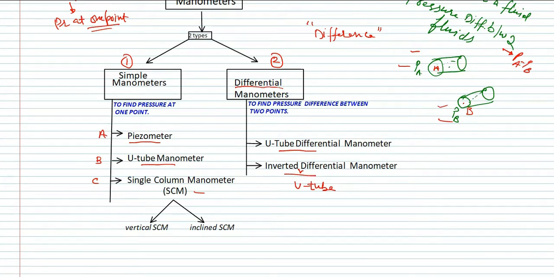Basically these two are almost the same. Here we use a U shape, but here we use inverted, meaning upside down. Anyway, we will go through them one by one. Now let's first begin with simple manometers.